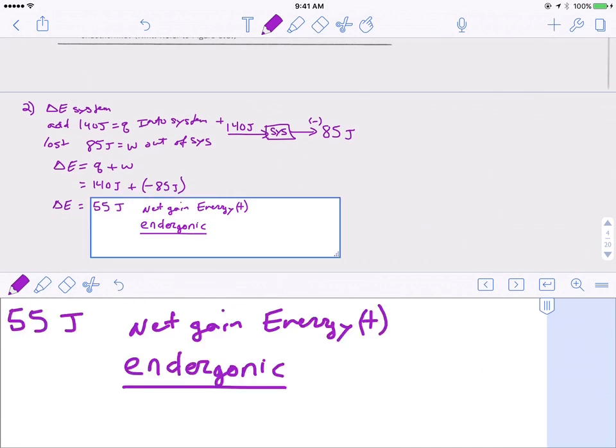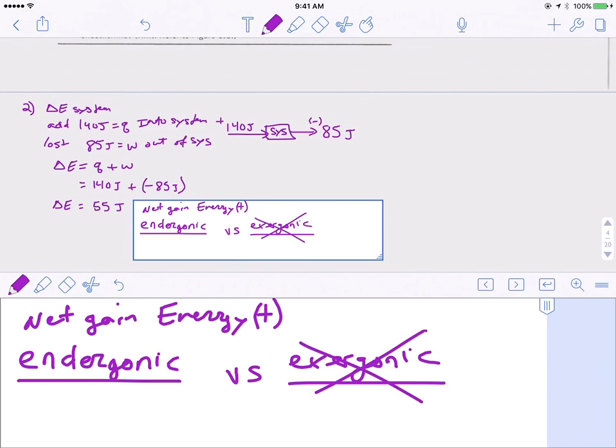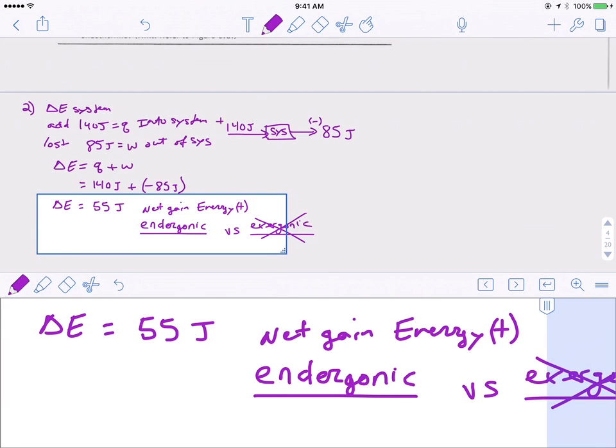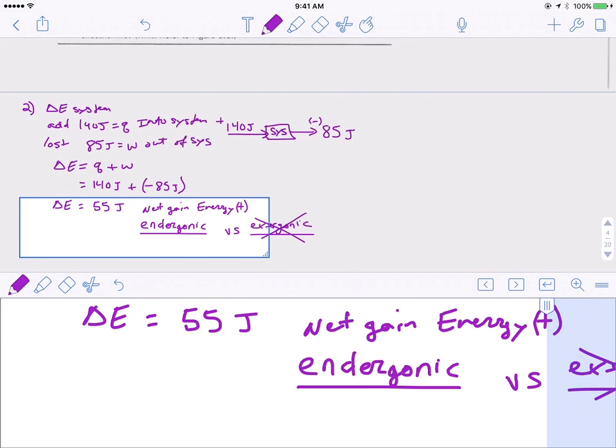The other vocab word that we talked about this week is exergonic. And this is not that. This is endergonic. So, cool. Excellent. Great question. Something like this might show up on a quiz sooner than later, like Thursday.